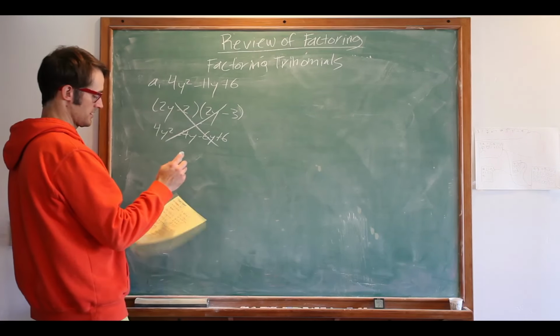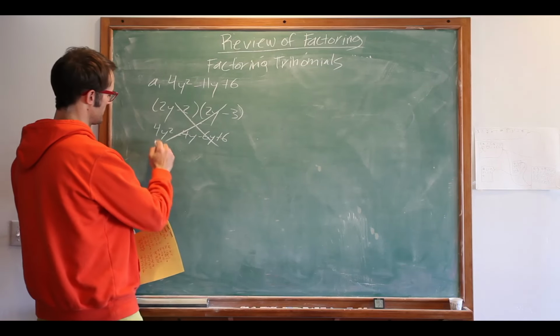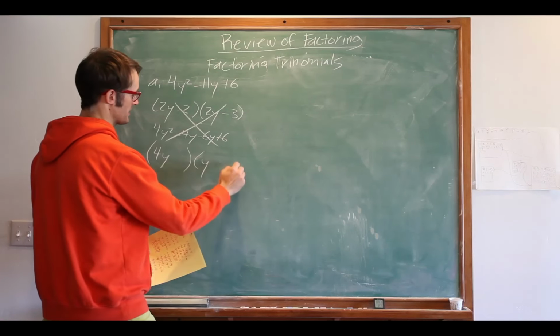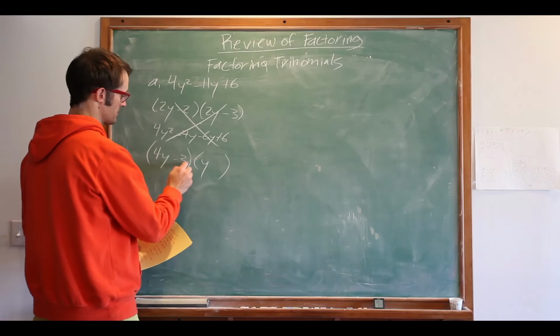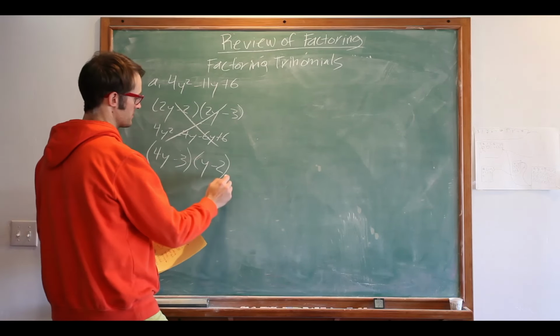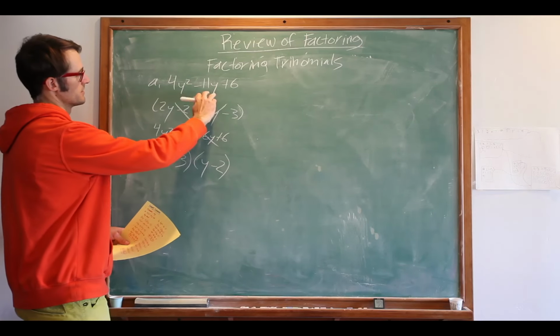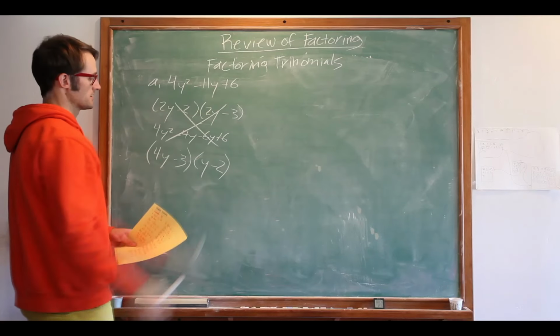Okay, what else? How else could we do this? I have another method. What if we just do 4y right here and y right there, and then we say negative 3 and negative 2. And the reason why I'm choosing negatives here is because I know this middle term has to be negative, but the 6 has to be positive.